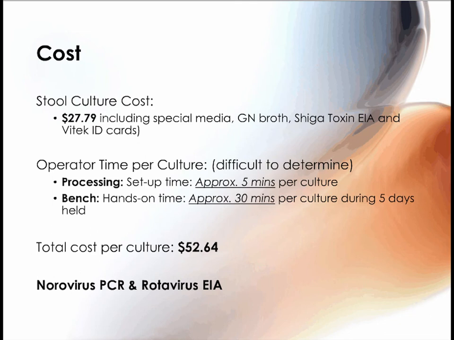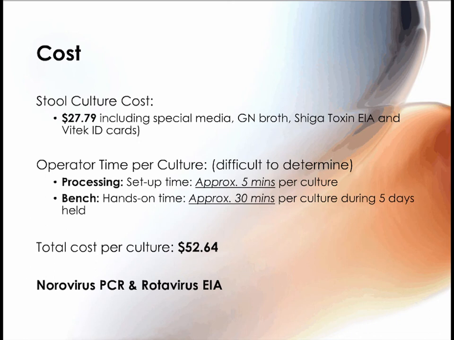In the next slide, we can see the cost. When we went digging into the cost of the culture, we got a big surprise: almost $28 was only the setup of the stool culture, considering special media, GN broth, some of the Vitek ID cards that we use for identification, and the Shiga toxin EIA.